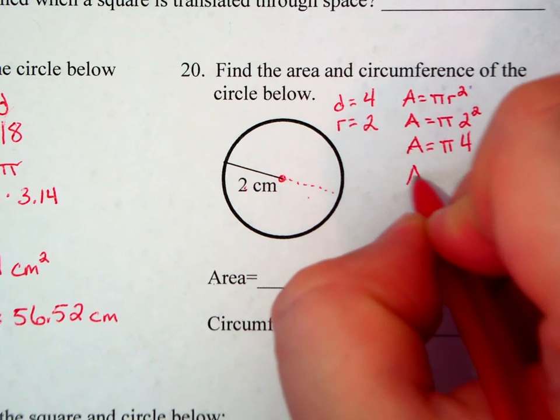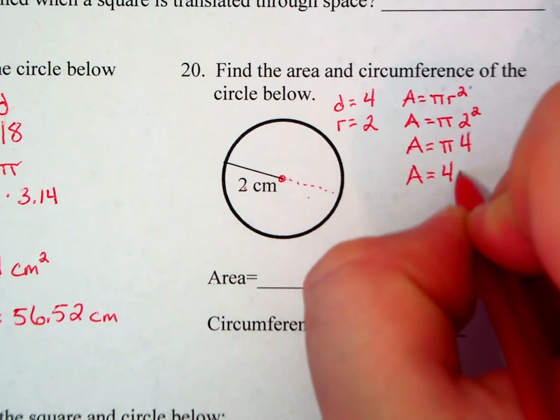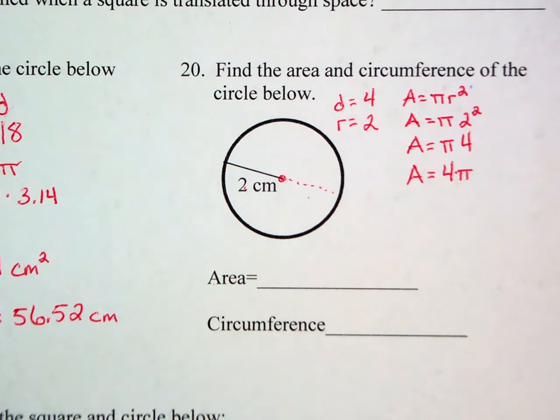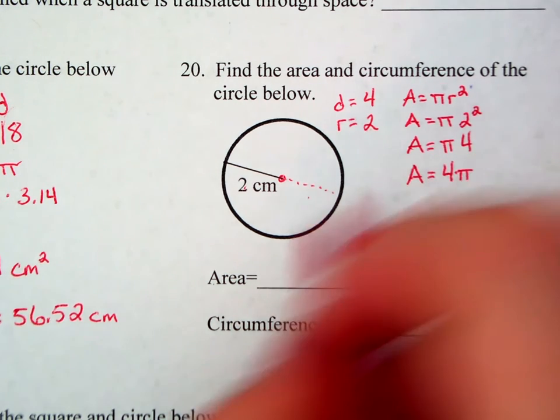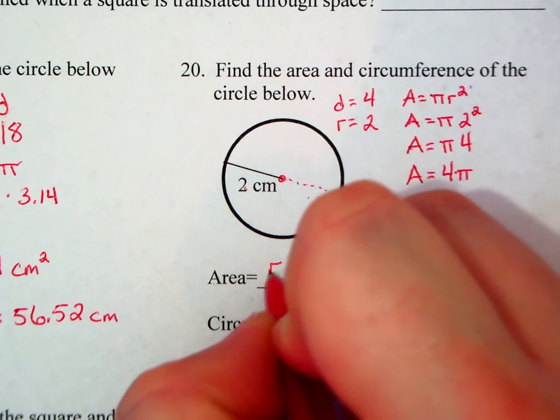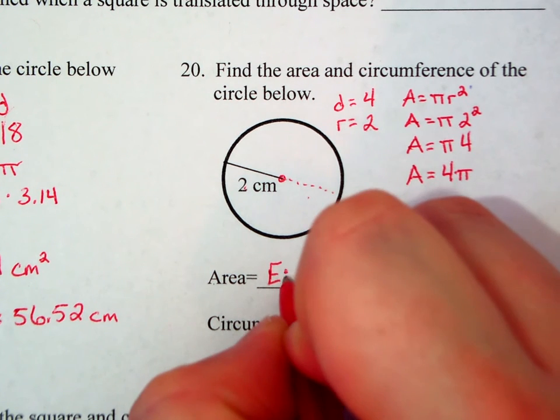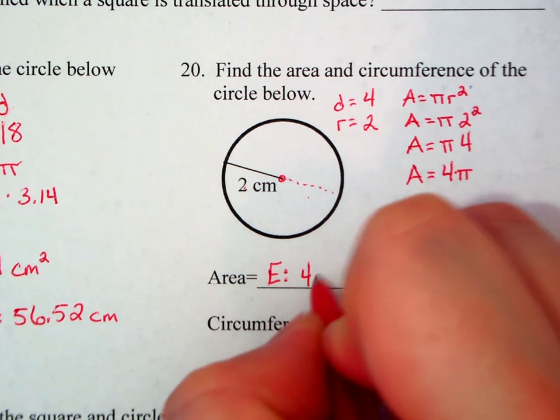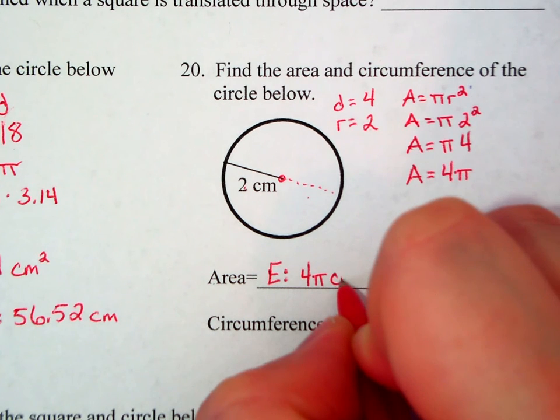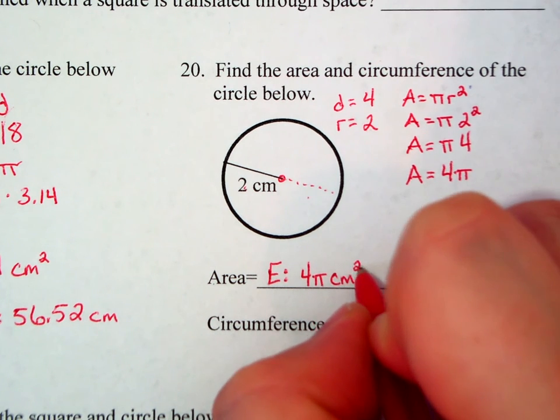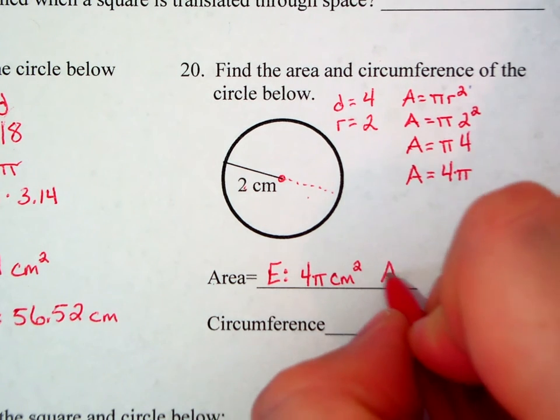Or more preferably, area equals 4 pi. So my exact answer for area would be 4 pi centimeters squared.